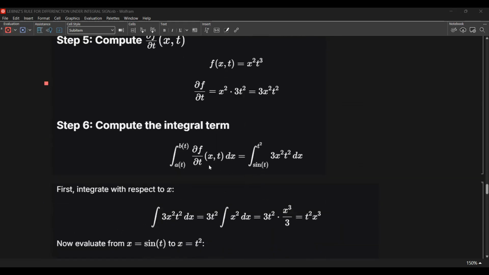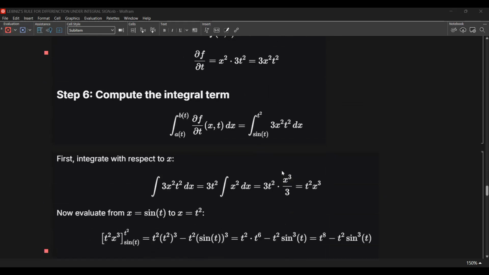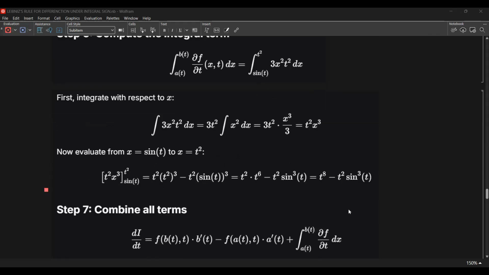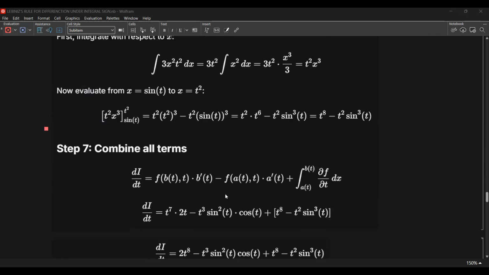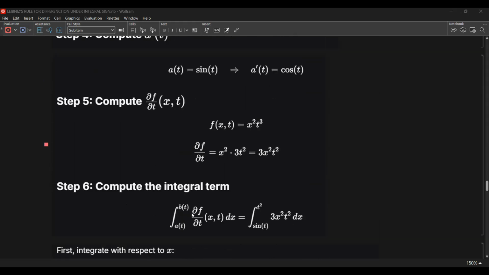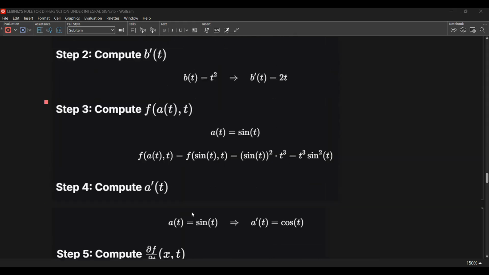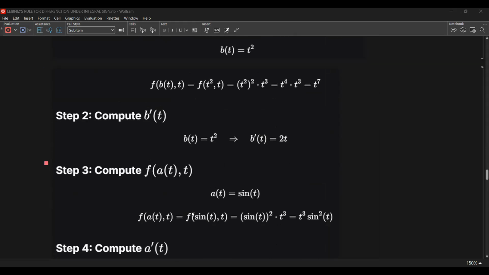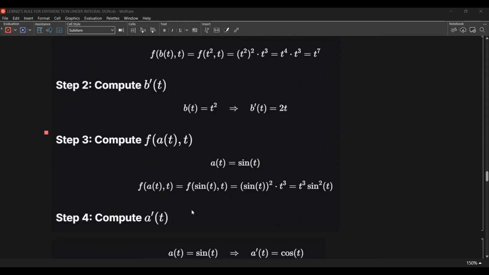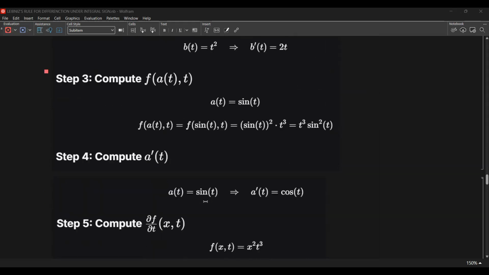Compute the integral term. So the integral term here is equal to t to the 8 minus t squared sine cubed. So combine all terms here. So it is 7 we have here. So let's combine all terms here.